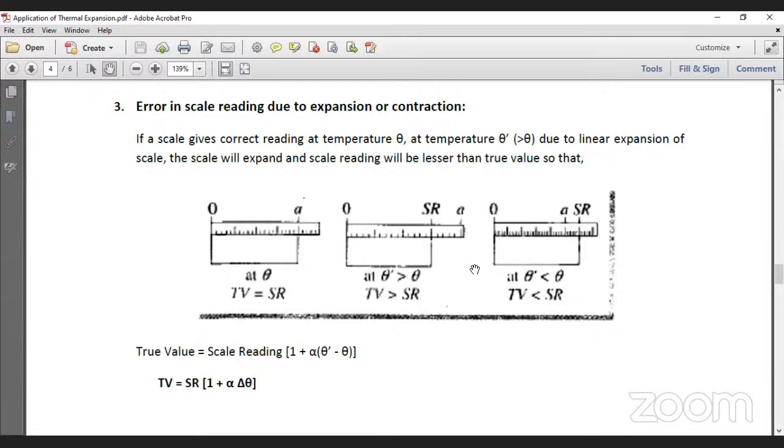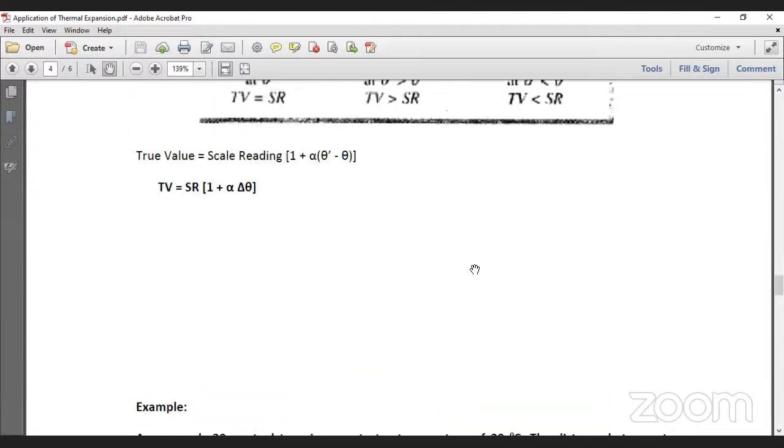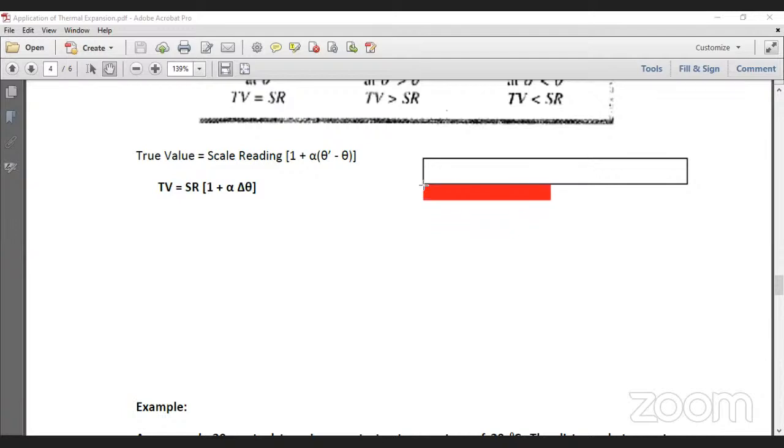Let me explain this with the diagram. This is the scale, and this is the length. Then what you read on the scale here is the actual value, or true value.